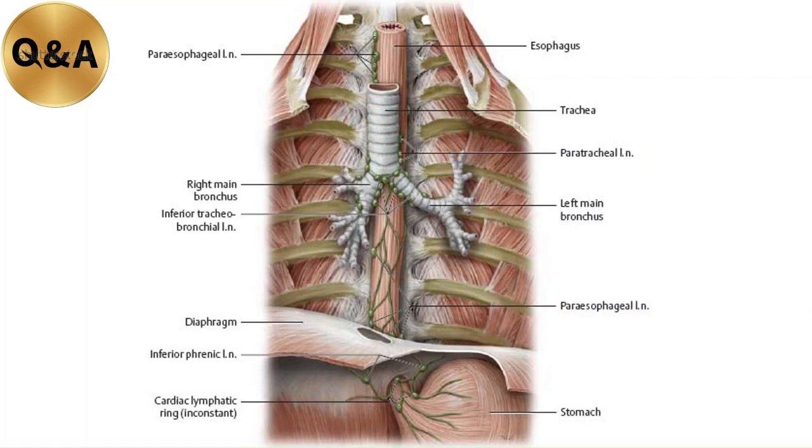It is going to join the several groups of lymph nodes around the main bronchus, then the inferior tracheobronchial nodes, and if you go down after it pierces the diaphragm, lymph drainage is going to be to the celiac lymph nodes and lymph nodes of the stomach.